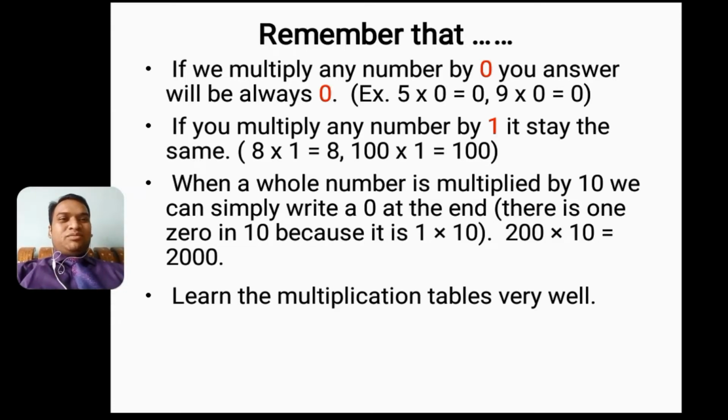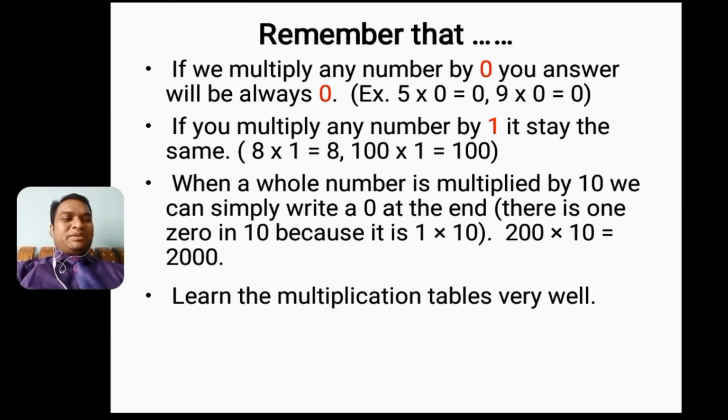Next one is when a whole number is multiplied by 10, we can simply write 0 at the end. This is one kind of trick. When you multiply, make sure that there is 0 in your multiplication. Like if you multiply 1 with 10, then the answer will be 10.